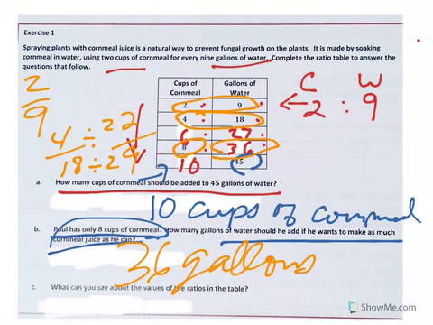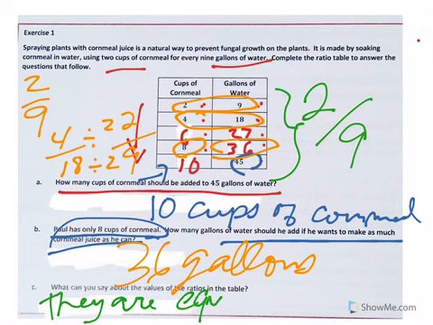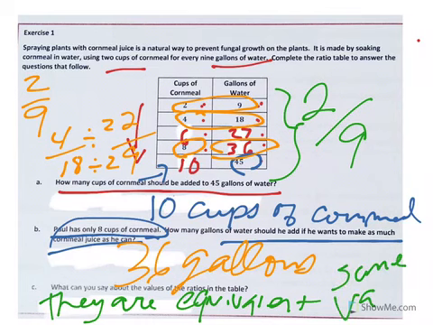So the value for all of those is 2/9. So you could say they are equivalent, or they have the same value.